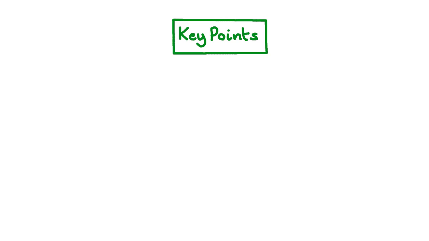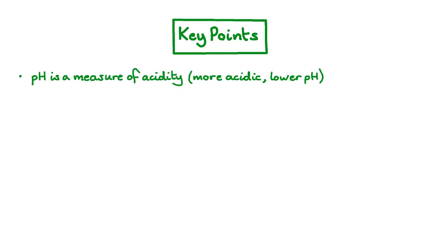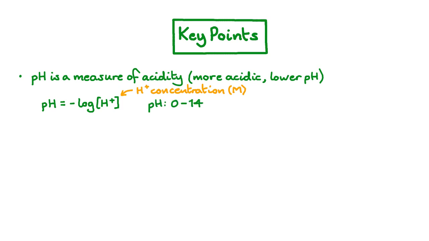Now let's finish up with the key points. pH is a measure of a solution's acidity. The more acidic it is, the lower the pH will be. pH is calculated by taking the negative logarithm to the base 10 of the hydrogen ion concentration in molars, or moles per litre. We generally find pH values between 0 and 14. Alternatively, we can look at basicity and pOH, which uses the concentration of hydroxide ions instead. pH and pOH increase in opposite directions.